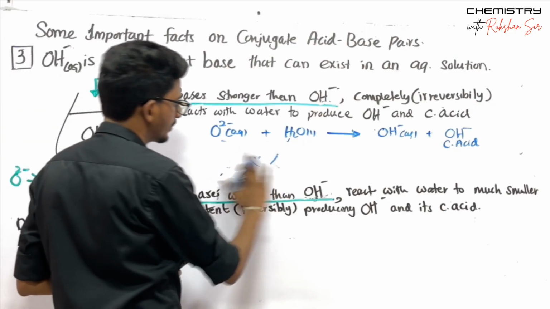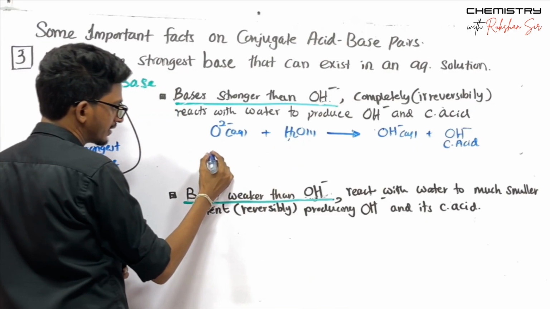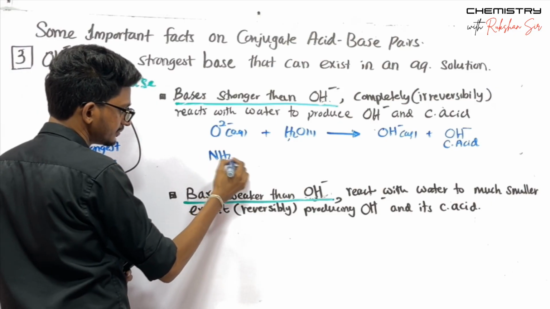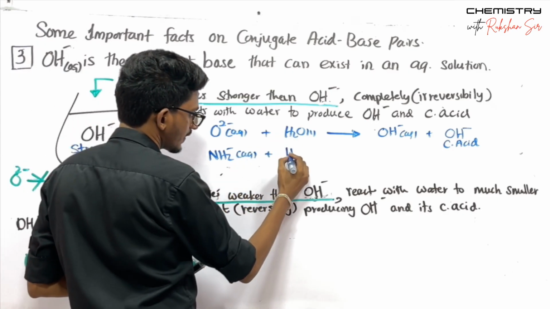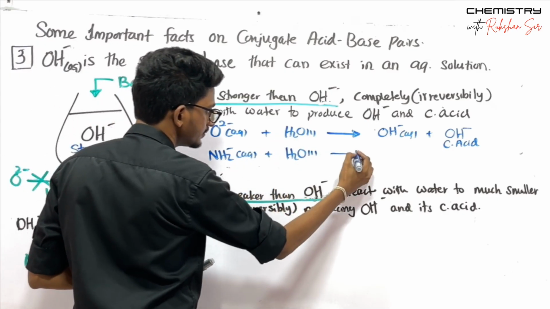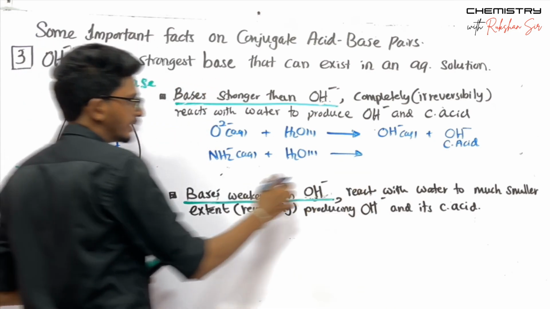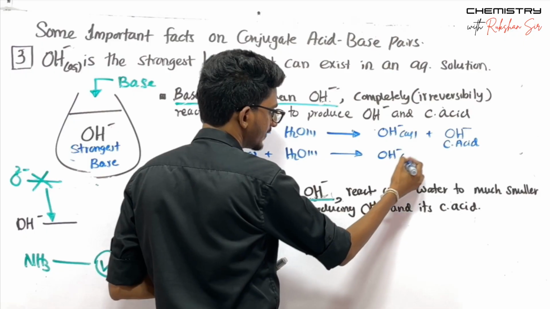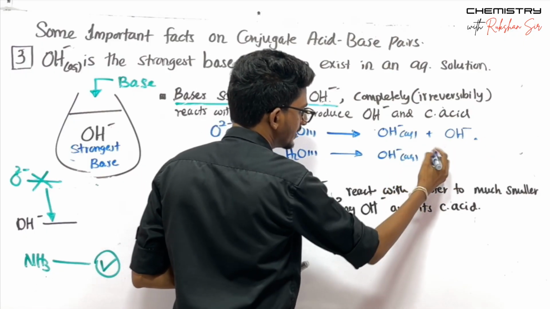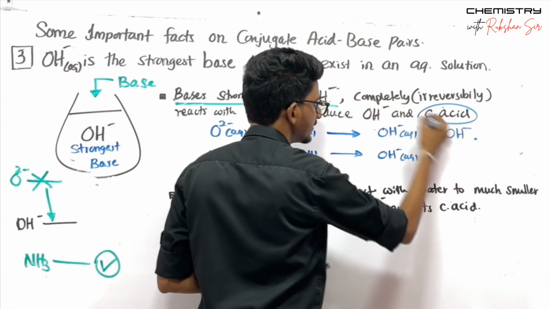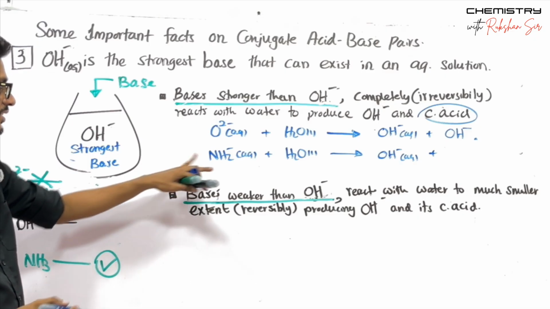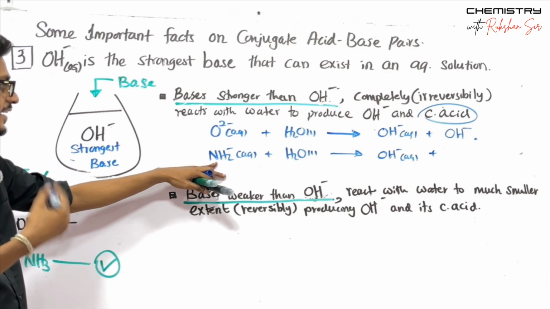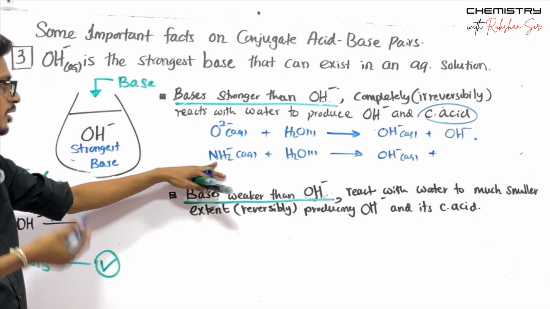Let's complete a few others. Then NH2 minus, when reacting with H2O, will produce OH minus and the conjugate acid. The conjugate acid of this is NH3. Just add H plus to the species to come up with the conjugate acid.